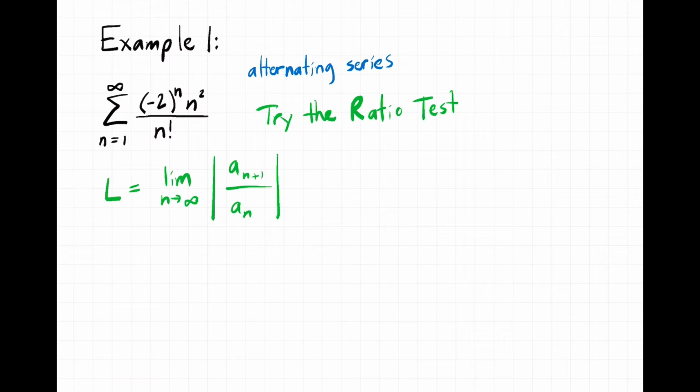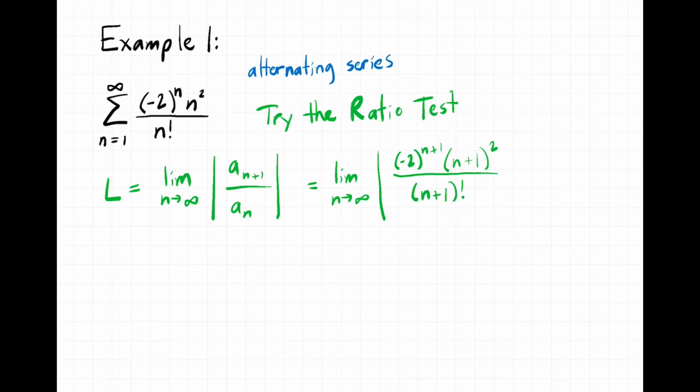Let's fill these in. So we're going to get the limit as n goes to infinity of the absolute value of a_{n+1}. That is going to be negative 2 to the n plus 1 times n plus 1 squared over n plus 1 factorial. Now, that's all just my a_{n+1}, my next term after a_n.